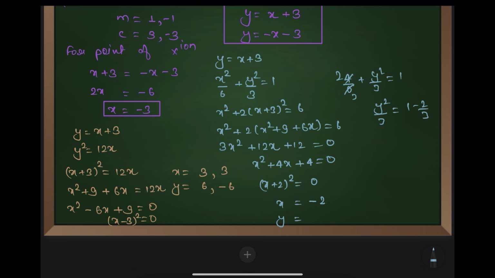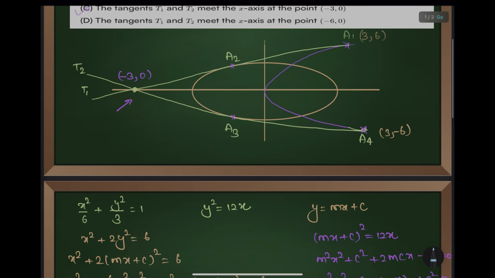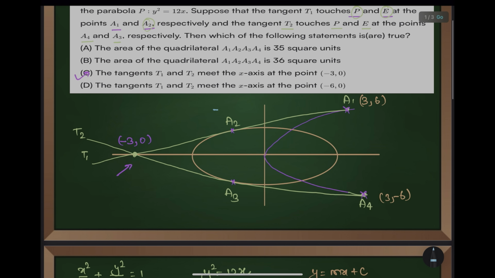So it is 1 by 3, right? So y square equals 1. So y will be equal to plus or minus 1. So you can get these points as minus 2 comma 1 and minus 2 comma minus 1. Okay. So you got your 4 points.